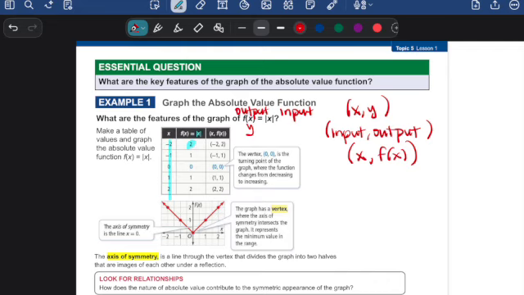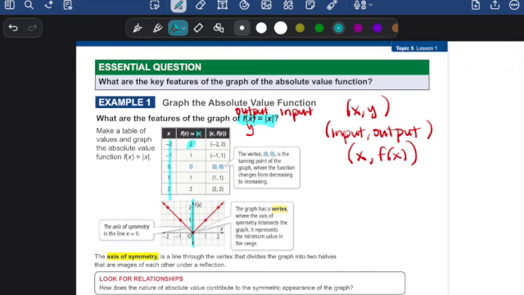And if we plot those points, we can see we get this nice V-shaped graph. It's symmetrical. It's decreasing or has a downward slope on the left, and then it's increasing or has an upward slope on the right. So since it's symmetrical, we have what is called an axis of symmetry. For the parent function, which is f of x equals absolute value of x, this is just the basic home function called the parent function.